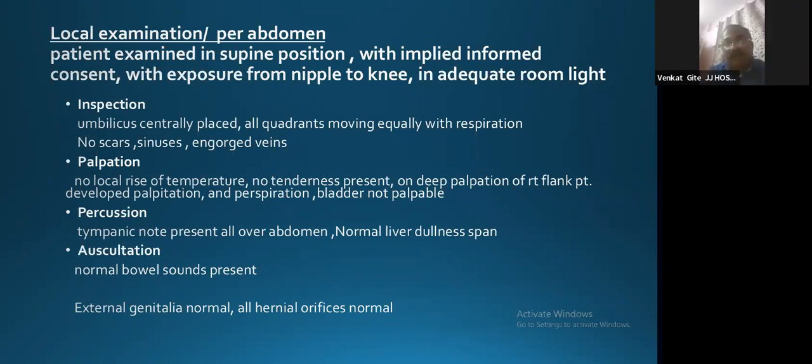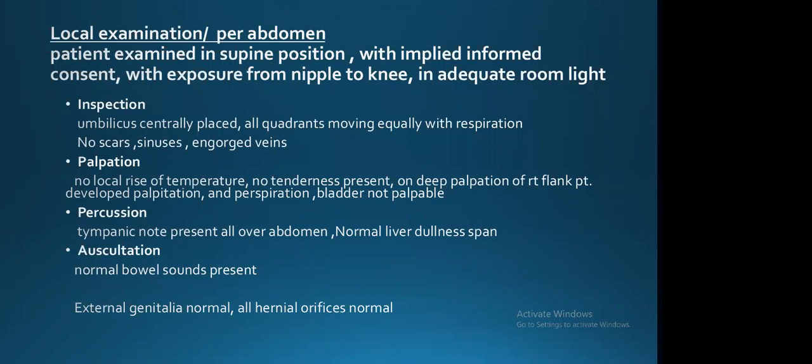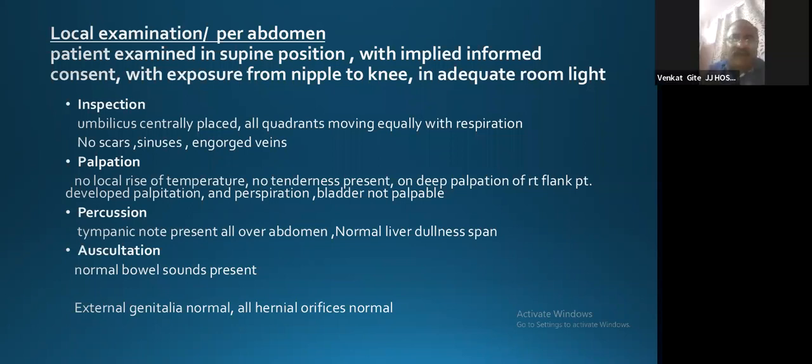Simple question. What is the purpose of sending the serum cortisol? What made you send the serum cortisol in this patient? On examination, we didn't have any clinical history or examination suggesting that this patient probably had Cushing syndrome.